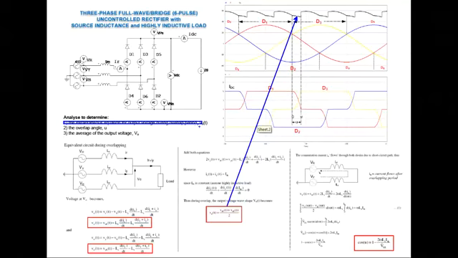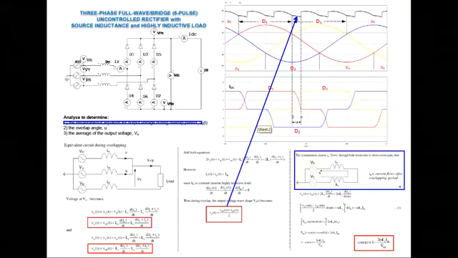Now we're going to look at the overlap angle. What is the equation to describe the overlap angle during that overlap? To look into that analysis, we now change to that equivalent circuit.